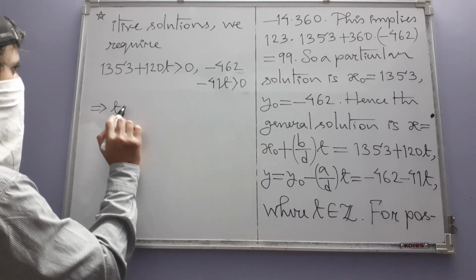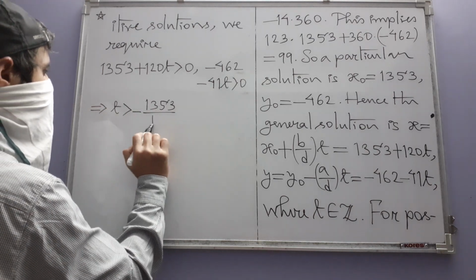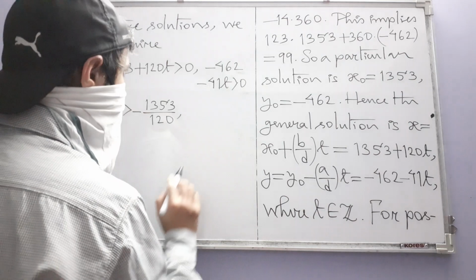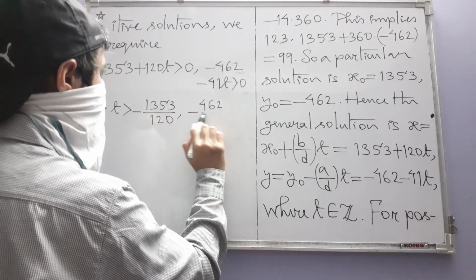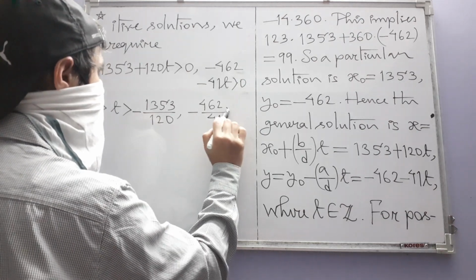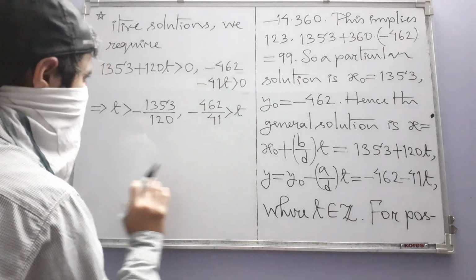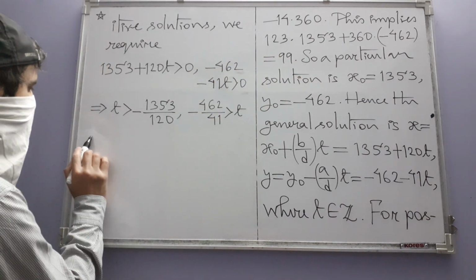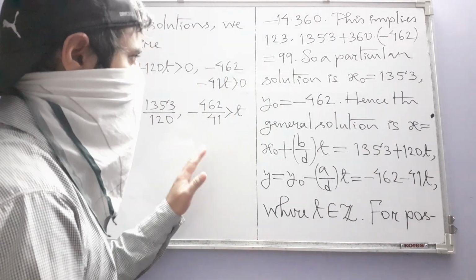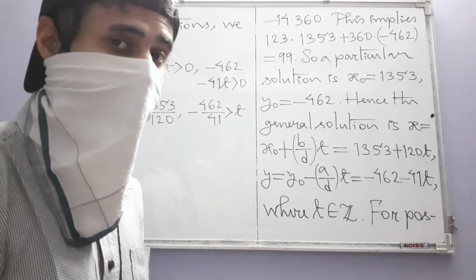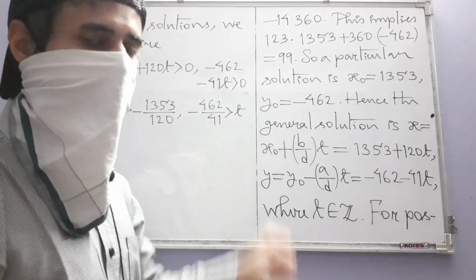That means t should be greater than this, and, let me do it directly, write like this, because you can take 41t on that side. Informally speaking, take 41t on that side. Actually we just say things like this in order to remember. Of course 41t is not physically moving there.